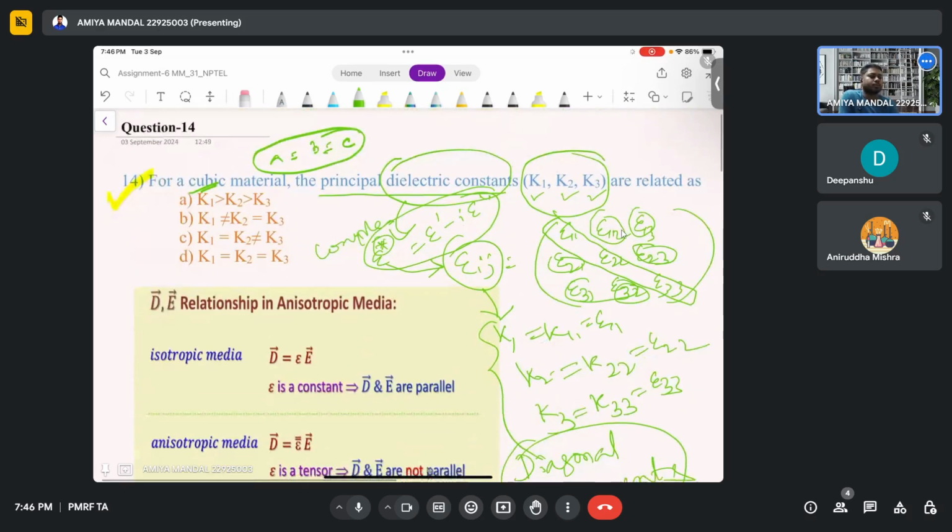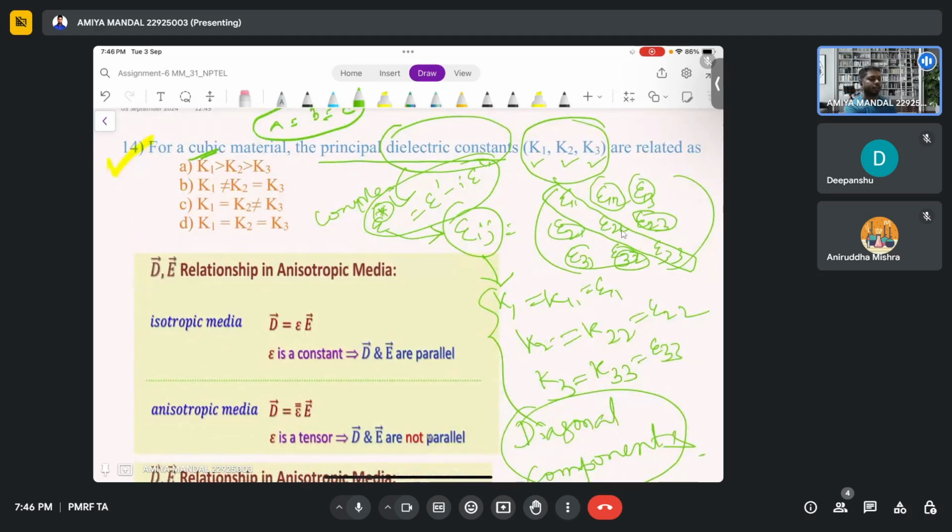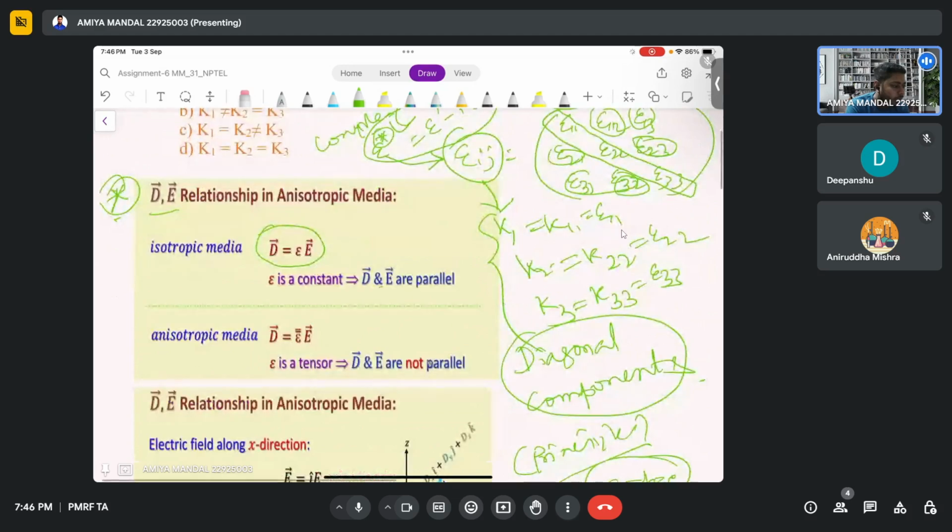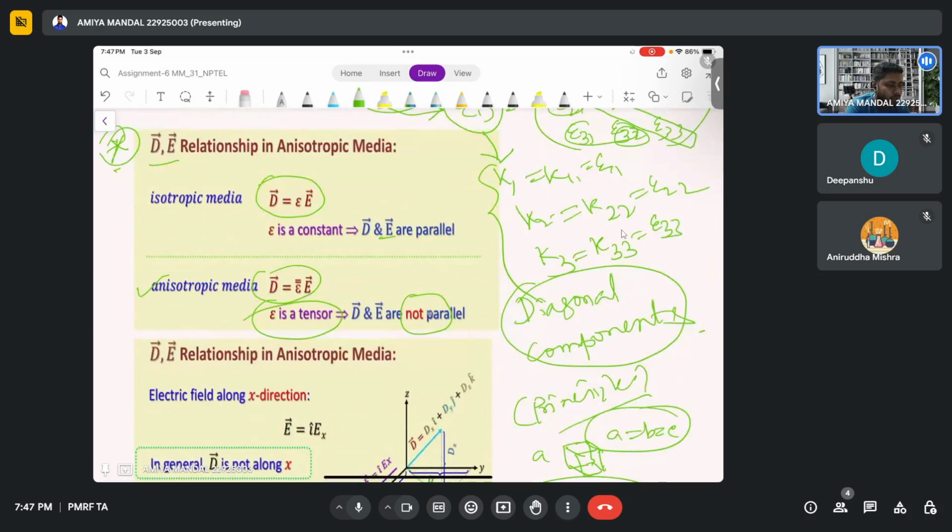Now, I am briefly discussing the relationship for finding the anisotropic dielectric constant and principal constant. The D and E relationship you already know in isotropic material: they are parallel. In anisotropic material, D and E are not parallel, and the permittivity is a tensor here.